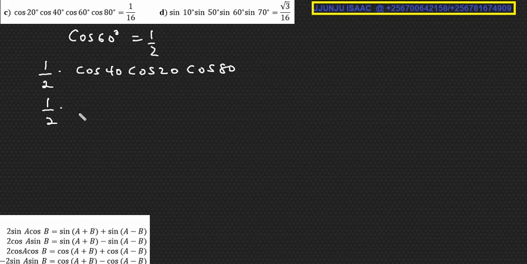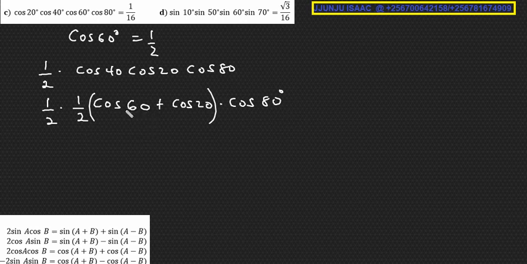Now when you have a product of cos, this can be changed to a sum, that is a half of cos. When you add them, this is 60, and when you subtract them, that is plus cos 20, then times cos 80 degrees.